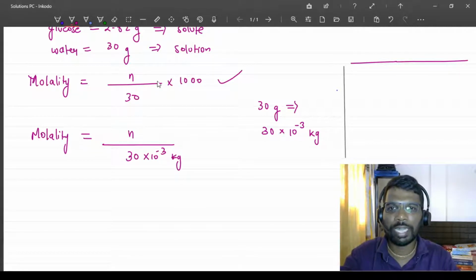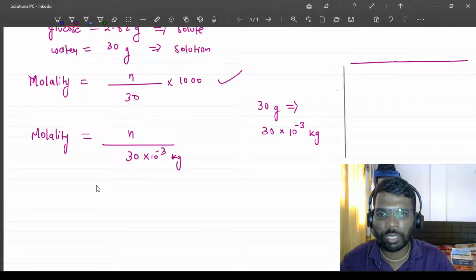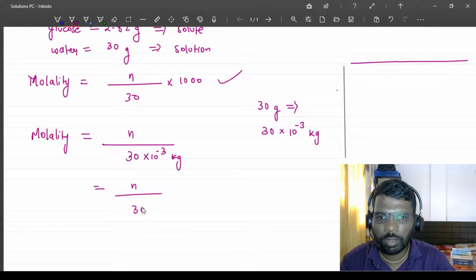It is as good as writing the same thing, isn't it? When you take this 10 raised to 3 on the top, it is as good as the first equation which I wrote.